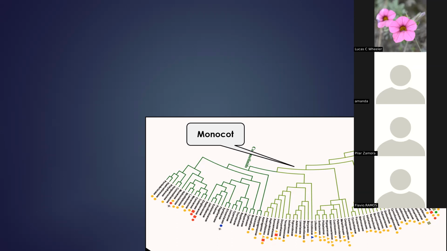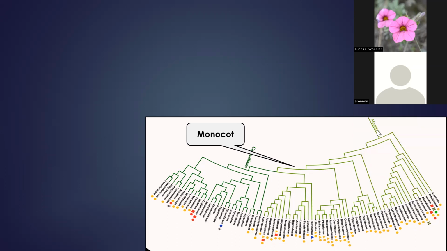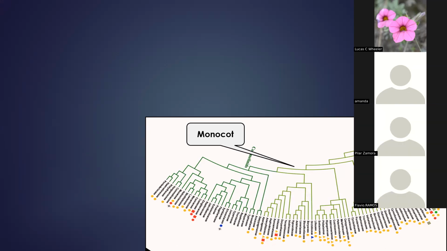So it helped me to resolve that, evolutionarily speaking, there might be one transition event associated with this septal kind of nectary here, and that's why all its descendants harbor this kind of nectary. And wherever you find other than septal nectaries, it is an independent event in the family.